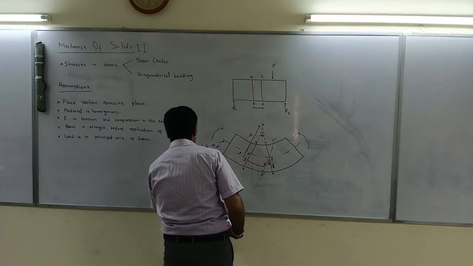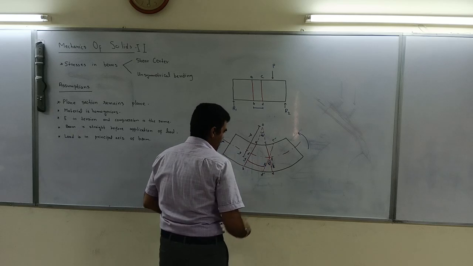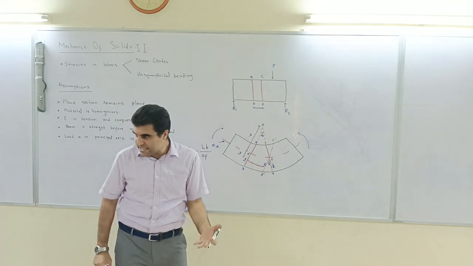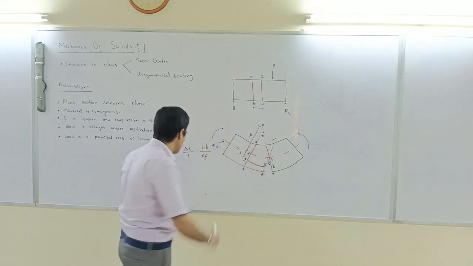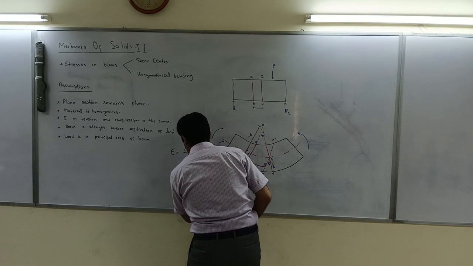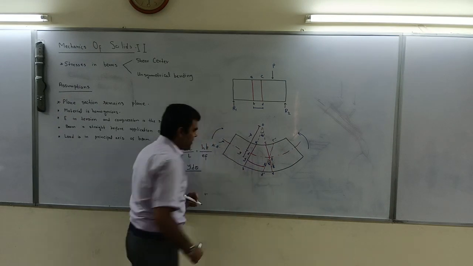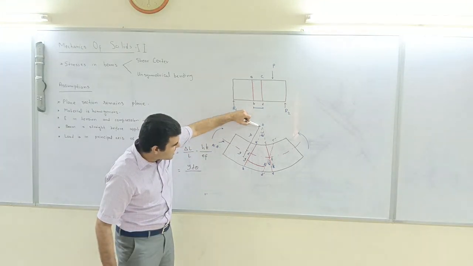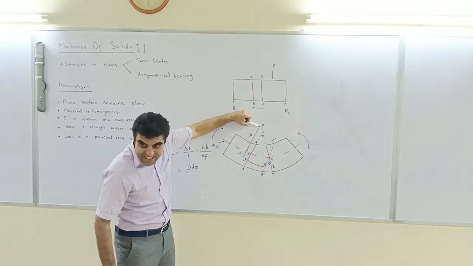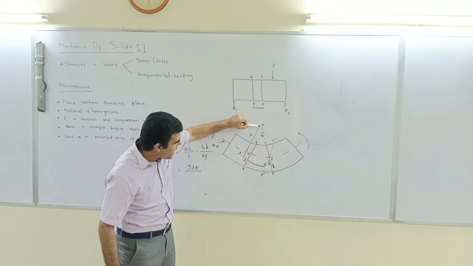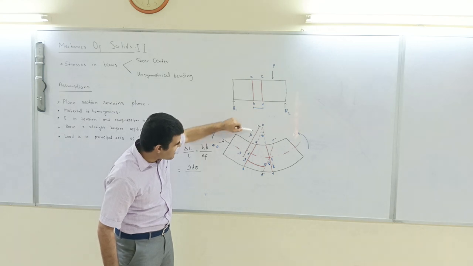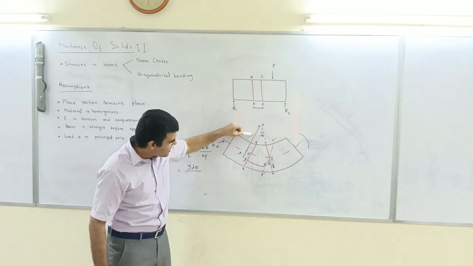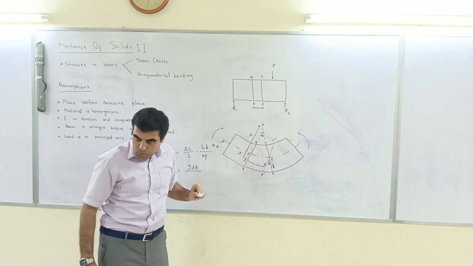Now what is HK? HK is y d theta, because S is equal to r theta. We assume that the distance between point O, the intersection of these two lines, and the neutral axis is rho.